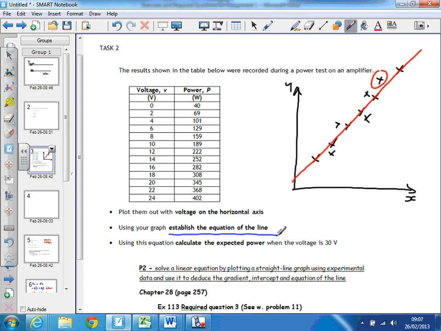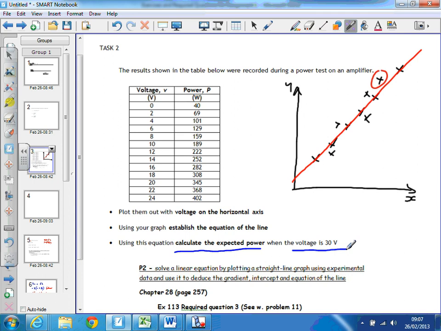It's a formula, effectively, that then allows you to find the power given the voltage. And then once you've got that equation of the line, that formula, you can use it to calculate the expected power when the voltage is 30.